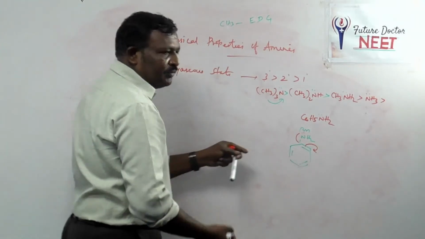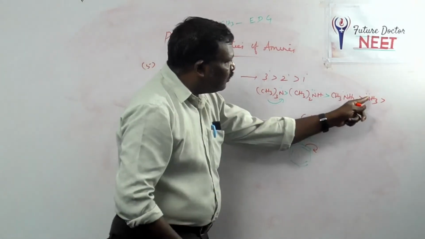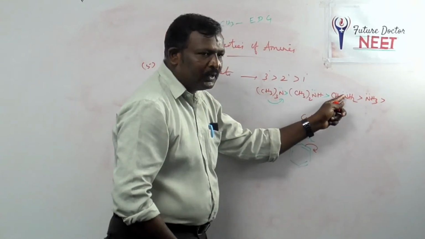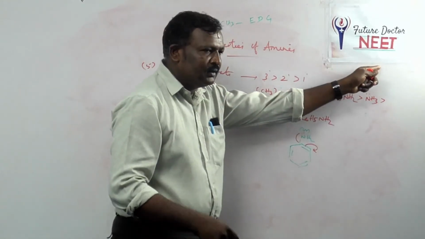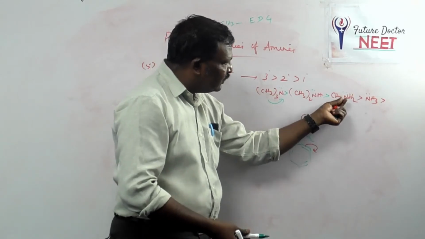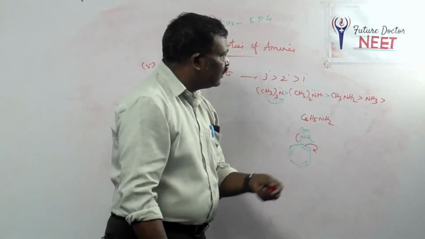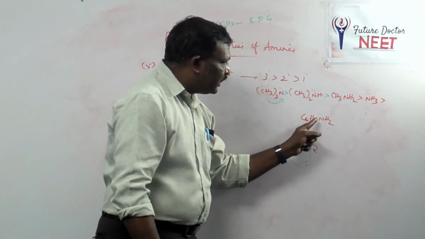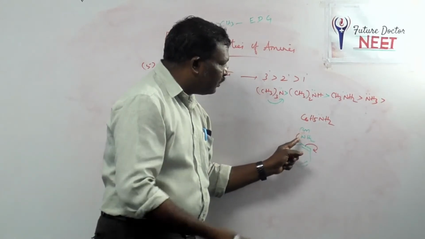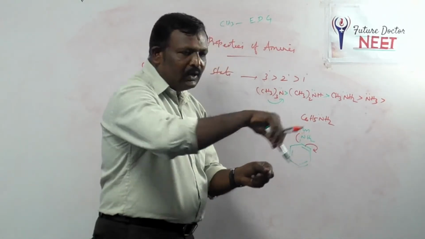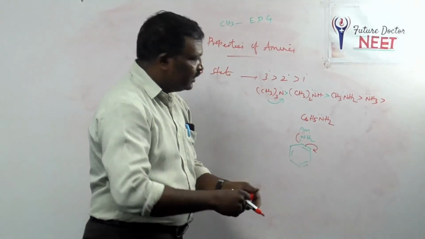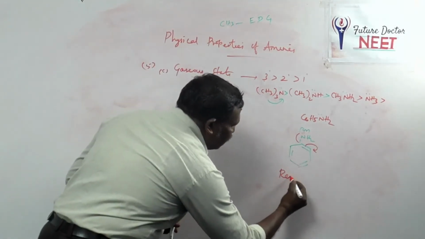Are you following? This lone pair, here methylamine has a lone pair, it can give to another one. It can give this lone pair to anyone. But in aromatic amine, this lone pair of electrons is used to delocalize the pi bond. That's called, we can say what? What's the name?